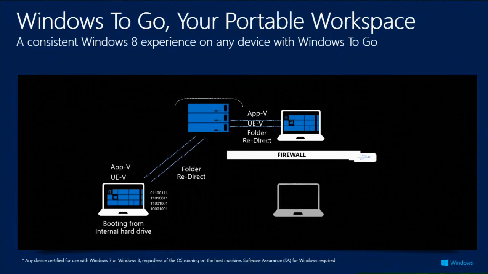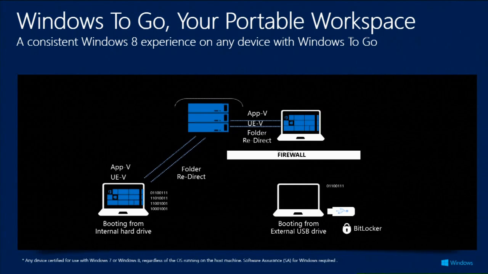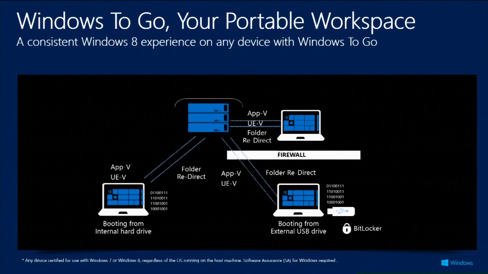We can do this at work. We can also roam. And that's really the beauty of the capability, is that from any machine that's supported, I could plug in my Windows to Go drive and boot into my corporate image with my group policies, with direct access, BitLocker encrypted, all the things that we do on our PCs today that we provide to our end users, I could do from this USB drive.